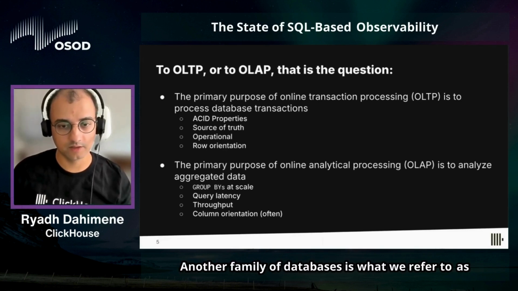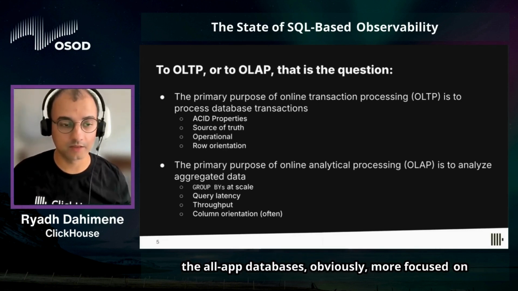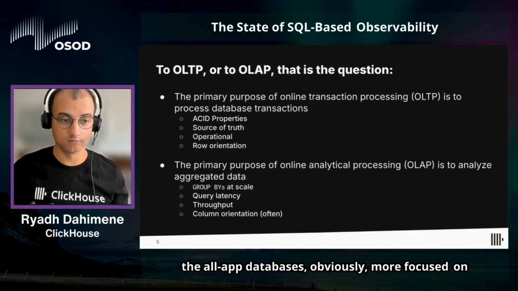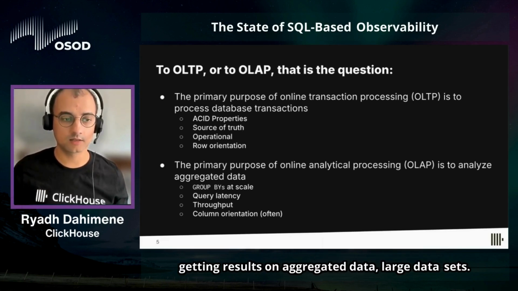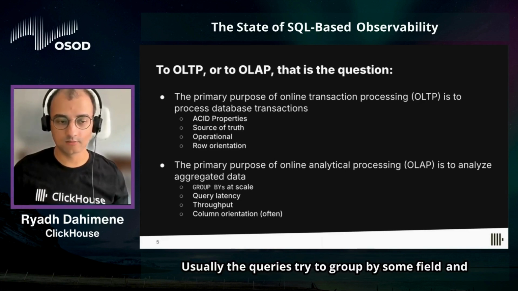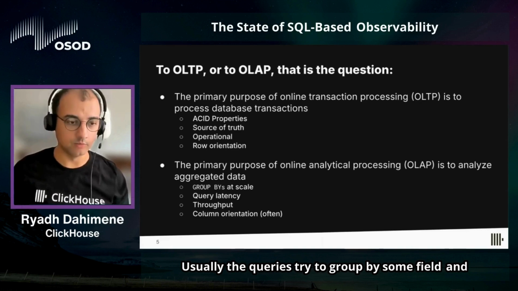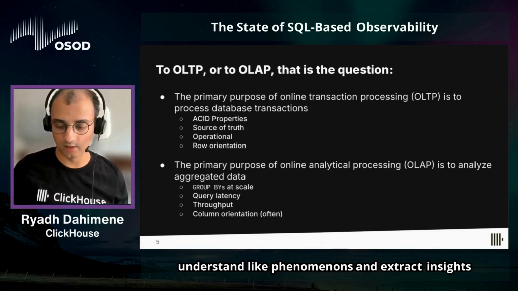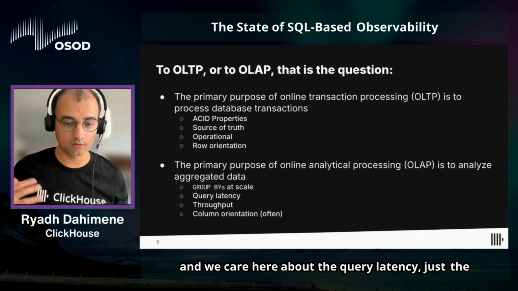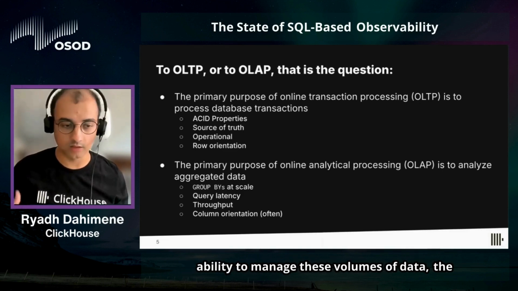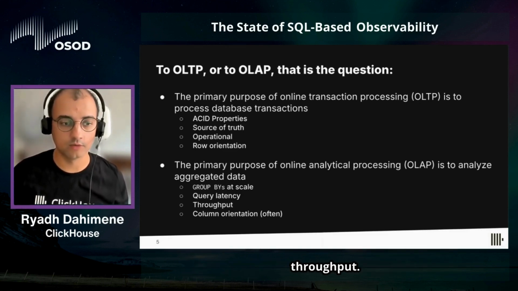Another family of databases is what we refer to as OLAP databases, obviously more focused on getting results on aggregated data, large data sets. Usually the queries try to group by some field, understand phenomena, and extract insights from the raw data. And we care here about the query latency, the ability to manage these volumes of data, the throughput.